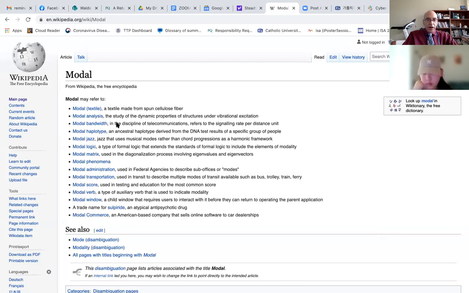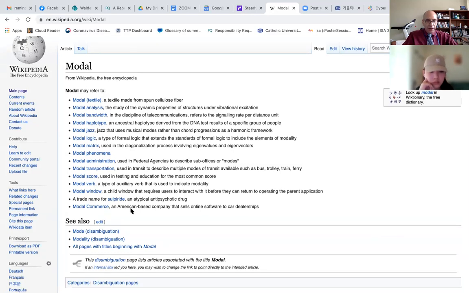So share screen and yeah, modal. I'm looking for, well, there's a lot of different definitions, but it means the most common or biggest category.